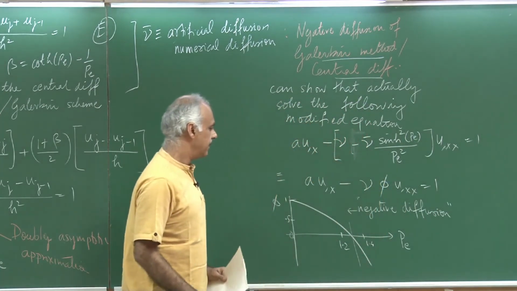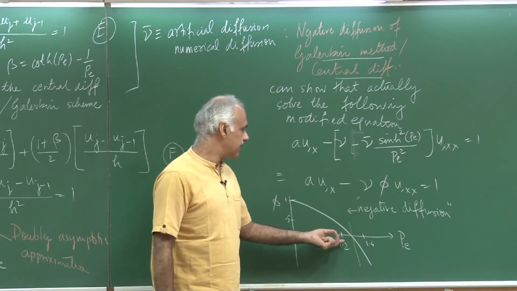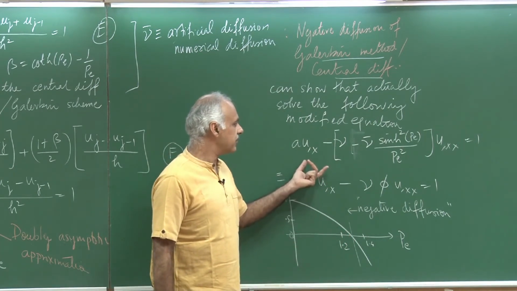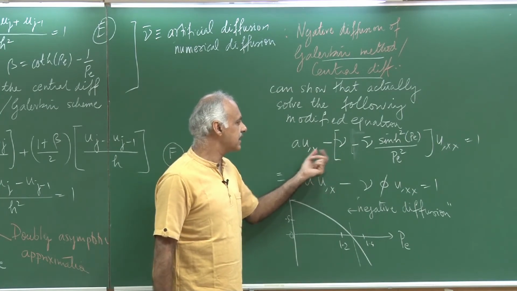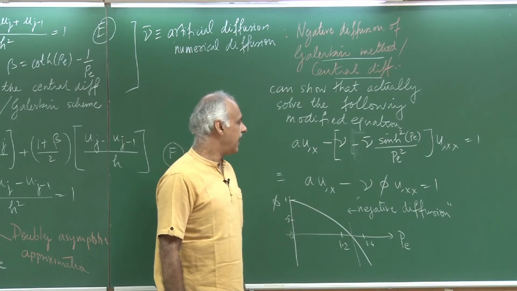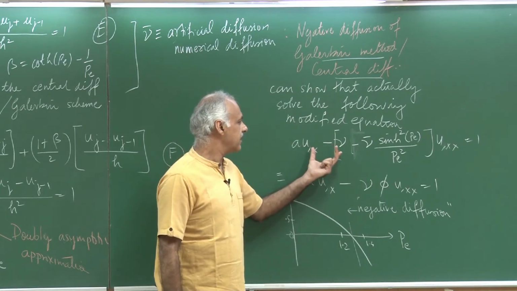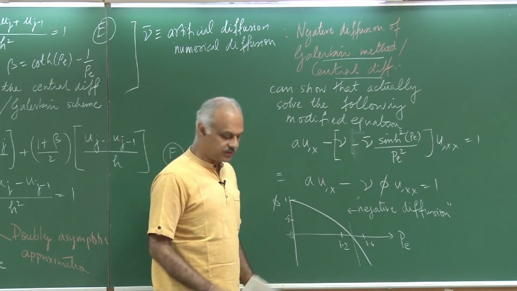That is why we get node to node oscillation in the Galerkin method, because by virtue of discretization, you have modified your original system and you are solving for a system with negative diffusion, and that is unstable. As you know, negative diffusion is unstable.